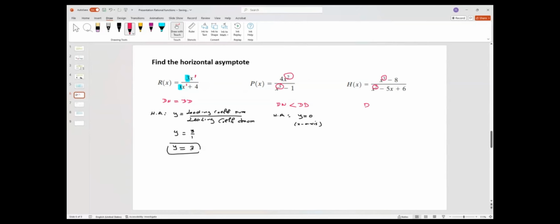So since the degree of the numerator is greater than the degree of the denominator, then what we have in this case is an oblique asymptote. And if you want to find this oblique asymptote, you must do a long division of polynomials.